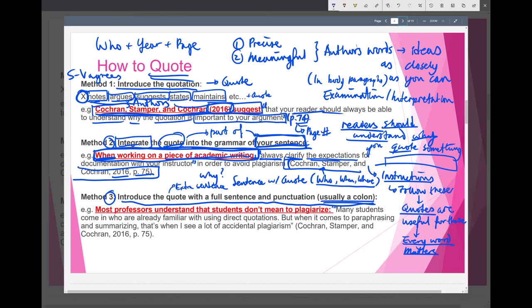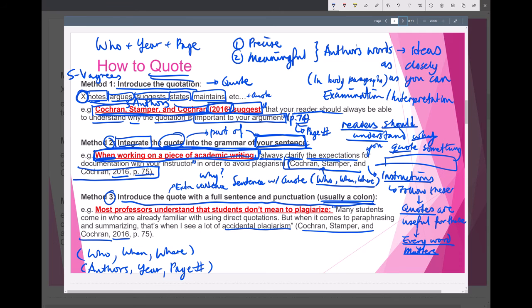But when it comes to paraphrasing and summarizing, that's when I see a lot of accidental plagiarism. Okay, again, the same group of people. You got your who, you got your when, that's the year, and then the where. So that would be the authors, the year, and then the page number.